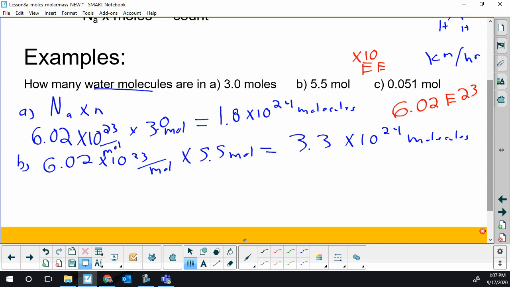My last example, C, I did it because I picked a small amount of moles. Avogadro's number, 6.02 times 10 to the 23 units per mole times our moles.